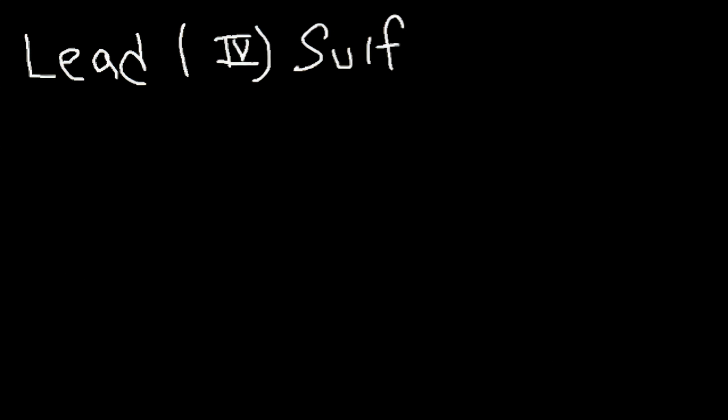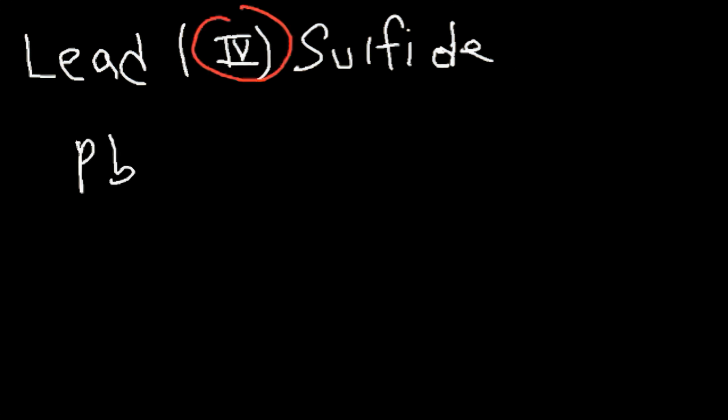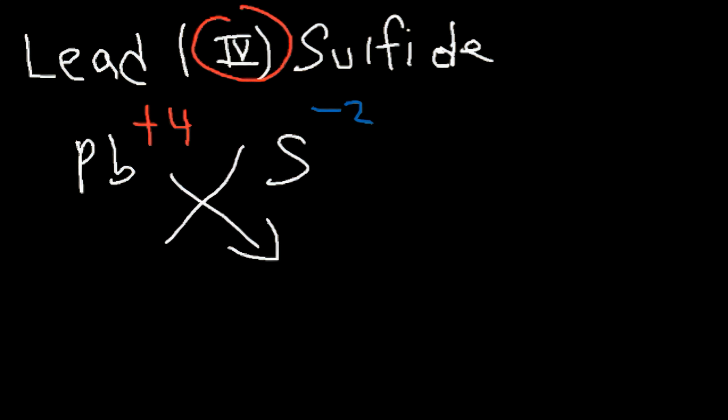Now what about this one? Lead(IV) sulfide. Feel free to pause the video and try this example. So in this particular case, the 4 tells us that lead has a plus 4 charge. Sulfur has a negative 2 charge typically. And if we use the crisscross method, it's going to be Pb2S4.